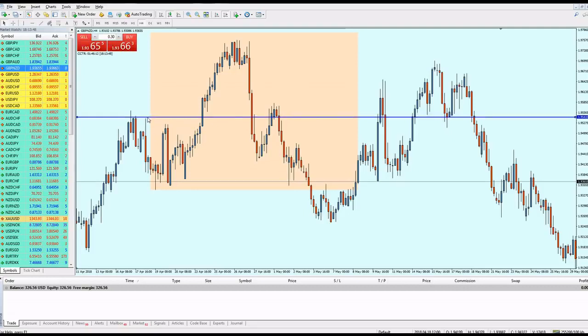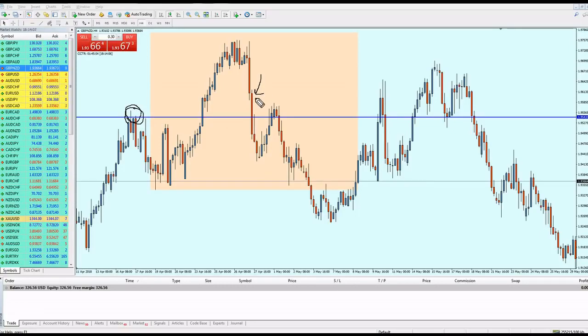This is the right way to draw the support or the resistance line. As I'm saying, always draw your line touching the shortest wick on this resistance, and this is the way this line touches the shortest wick. So what happened if we want to track it?